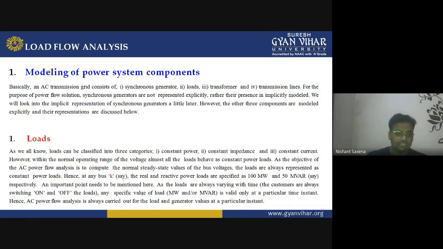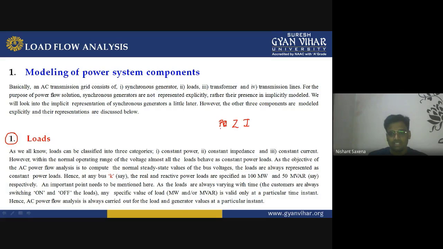So first of all, let us consider the very first component, that is the load. As we all know, the load can be categorized into three categories: constant power, constant impedance and constant current.